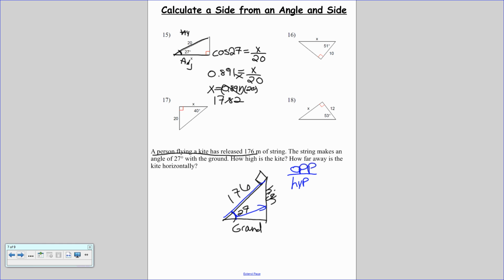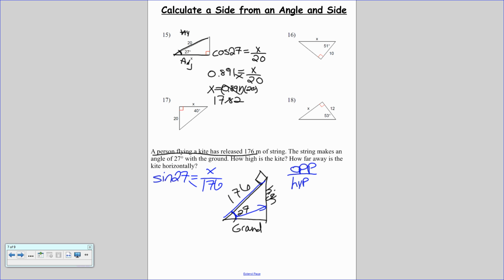Okay, so I'm using opposite and hypotenuse. That's SOH. S-O-H. So sine of my angle, sine of 27, is equal to opposite, which I'm calculating, and I think I'll just call it x. Okay, equals x over 176.